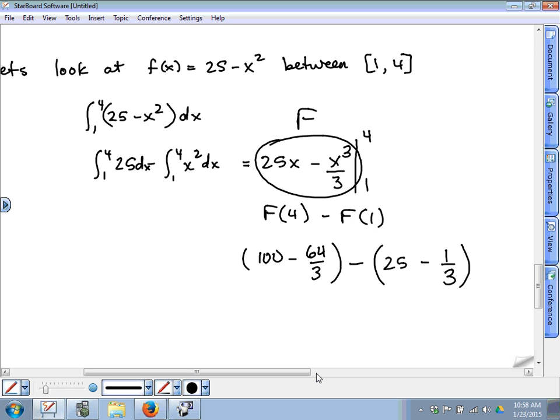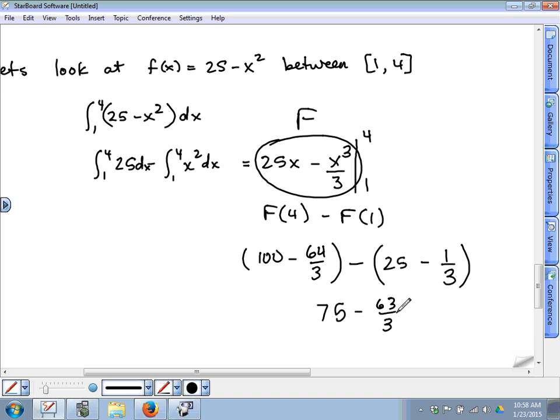So add that all here. If you're doing your arithmetic correctly, what should we be getting? 75 minus 63 thirds.